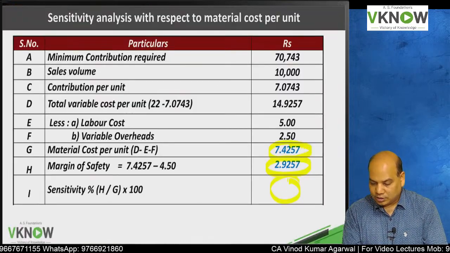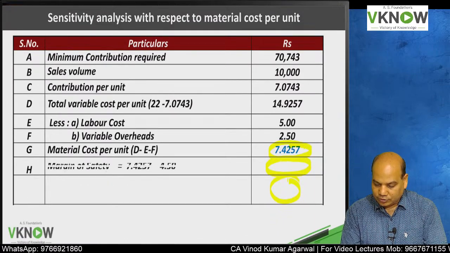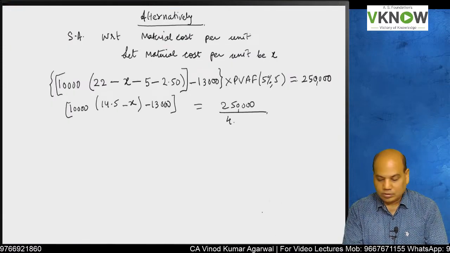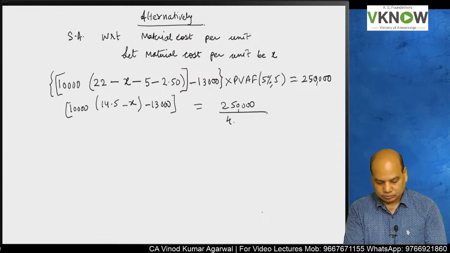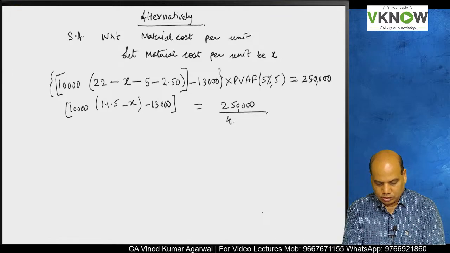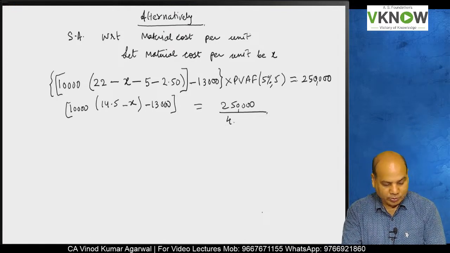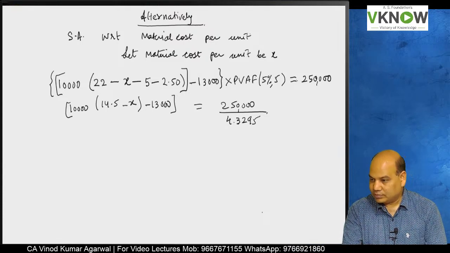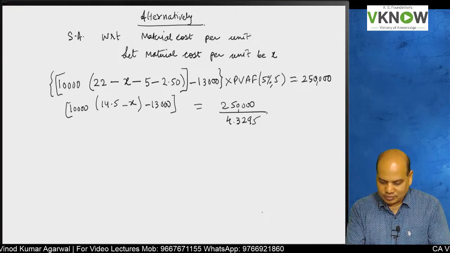How much was that factor? Let me check. I forgot. Anybody can tell me the factor? What was the factor for 5%, 5 years? You are not replying. It is so difficult to teach in a non-responsive batch. 4.3295. Is it right? 4.3295.